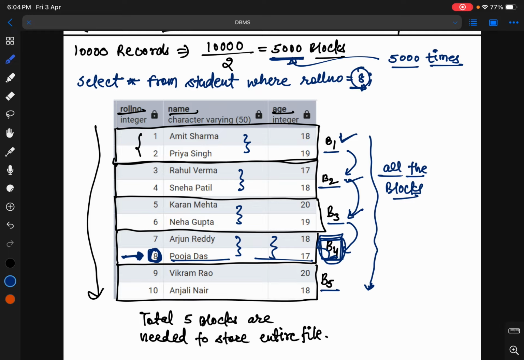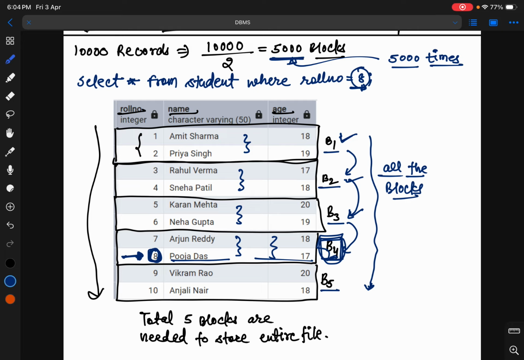So indexing helps your DBMS know in which disk block a particular record of the database is stored, so that instead of searching each disk block one by one, we can directly jump to that particular block and retrieve the data.